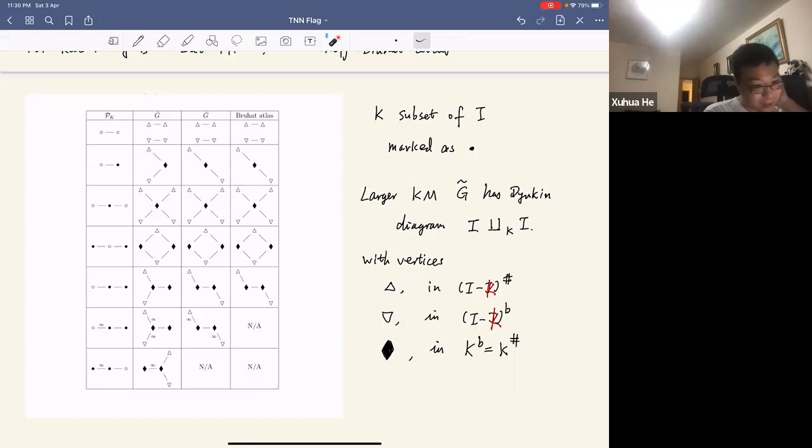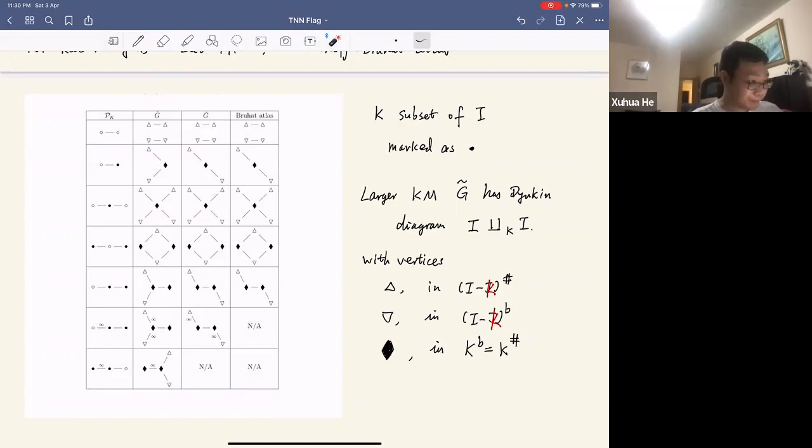And in the middle, we grow together along the K's. Then we mix this upper triangle and lower triangle together, and so we get this black diamond.